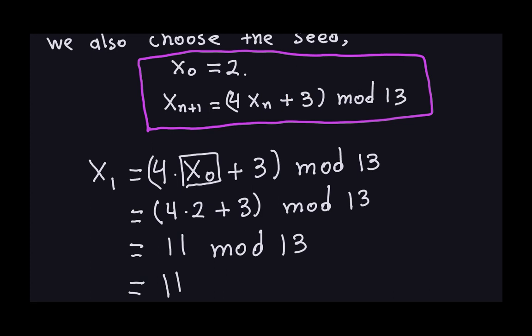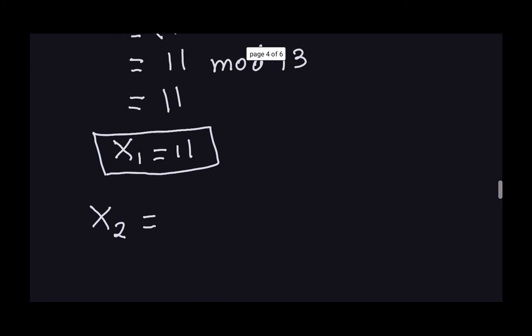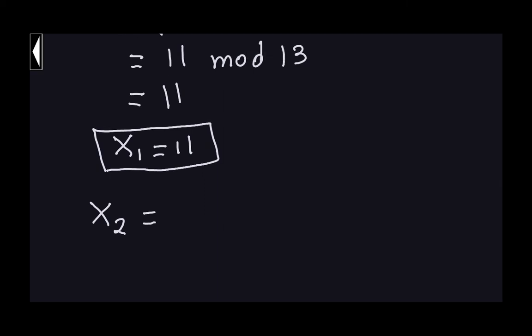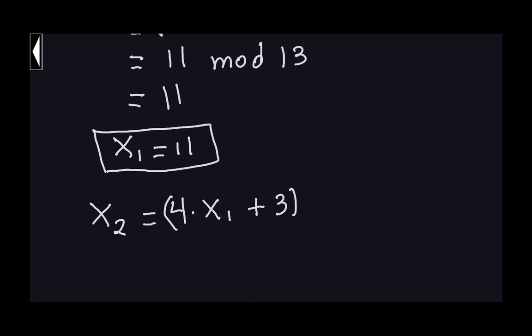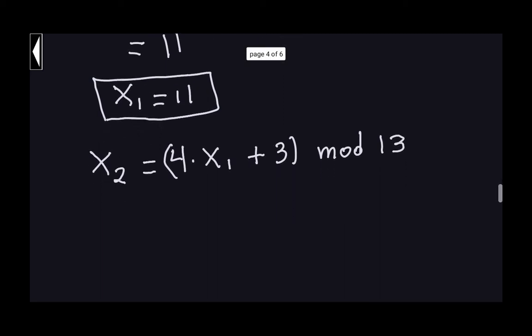I already know what x1 is, so I just replace it. So I have 4 times 11, because we already computed x1 is 11, plus 3, mod 13.